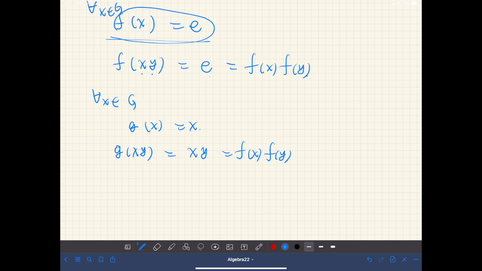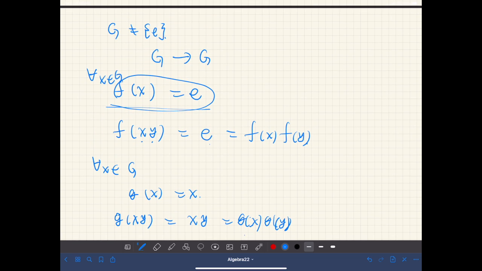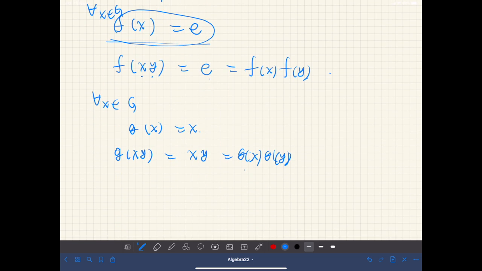Therefore g of xy is g of x and g of y. So this g is a homomorphism. And there can be more homomorphisms than this, depending on the number of elements of G. But at least these two are homomorphisms.